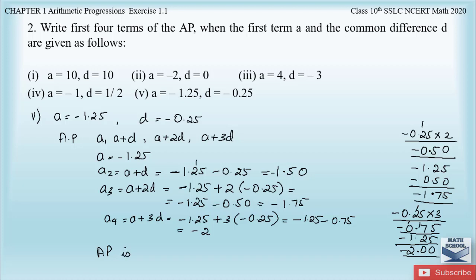So the AP is, the first term is minus 1.25, second term is minus 1.5, third term is minus 1.75, and the fourth term is minus 2 or 2.0. With this we have completed the question number 2 from exercise 1.1.